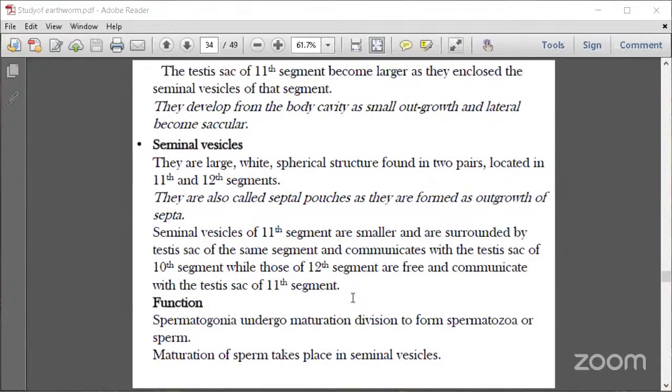The testis sac of the 11th segment becomes larger as it encloses the seminal vesicles of that segment. They develop from the body cavity as a small outgrowth and later become sac-like.